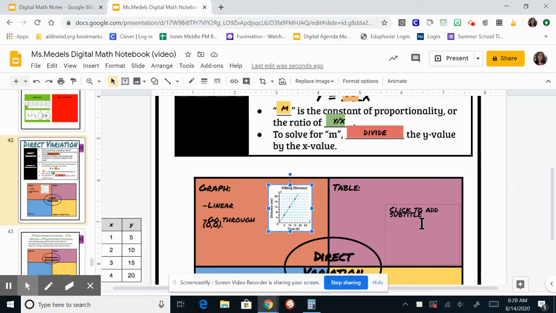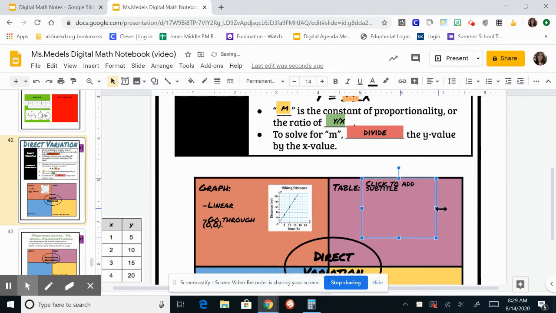Now, if it is a table, there has to be a constant ratio for the m.